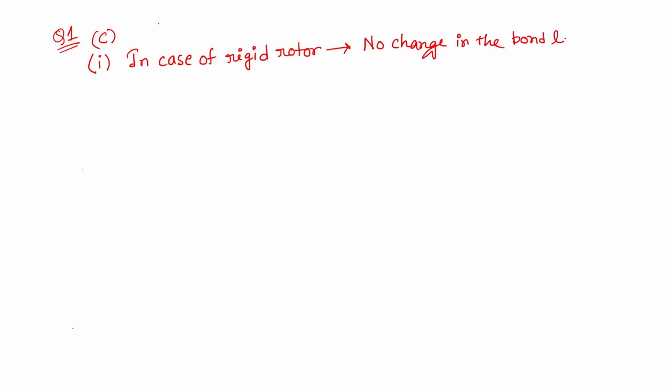So see the correction term, why the correction term is coming. When it is a rigid rotor, in case of a rigid rotor, the assumption is no change in the bond length due to rotation.